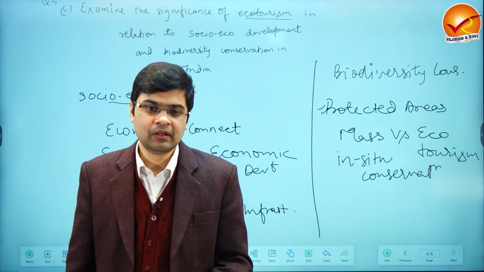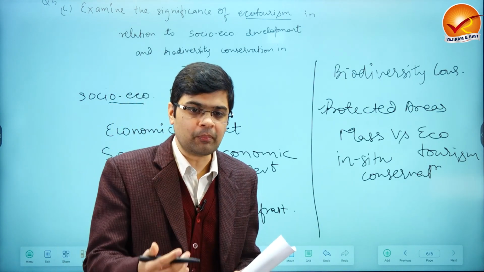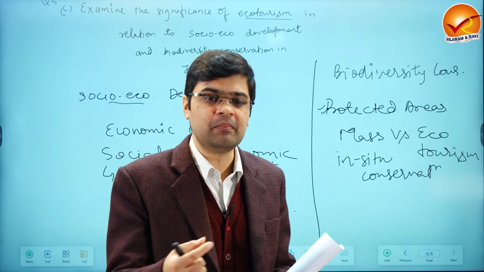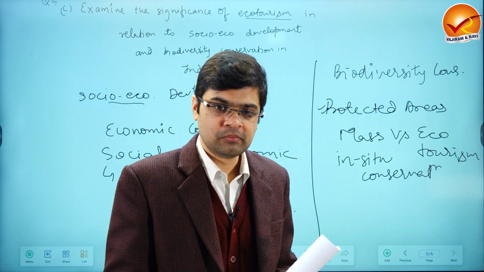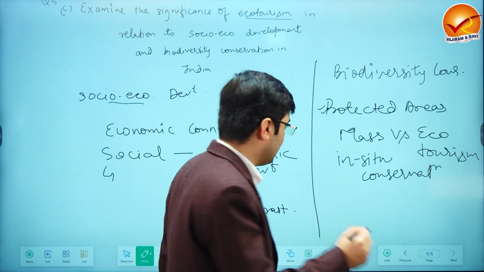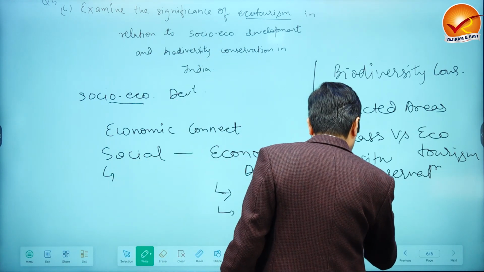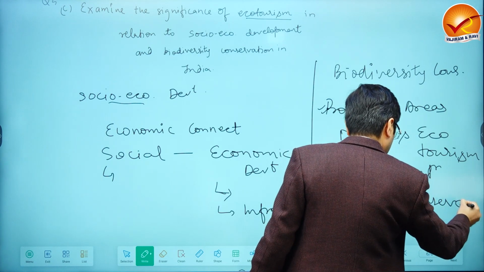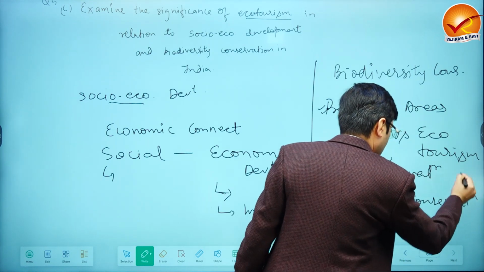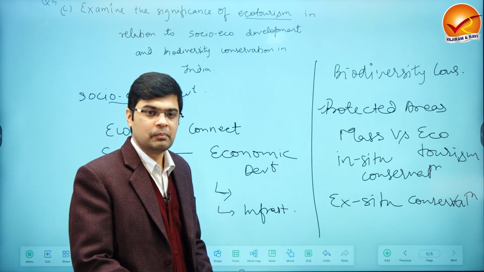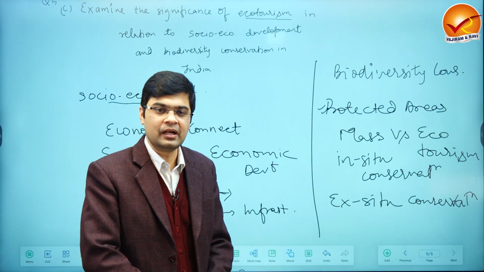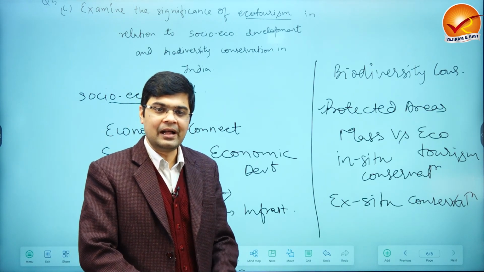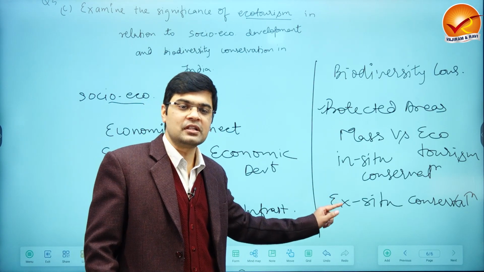Or suppose you go to a place, a popular attraction of a place can be a zoo. In a zoo, one idea is ex situ conservation. One of the purposes of a zoo is that it will attract the tourists and the revenue will be used for ex situ conservation.